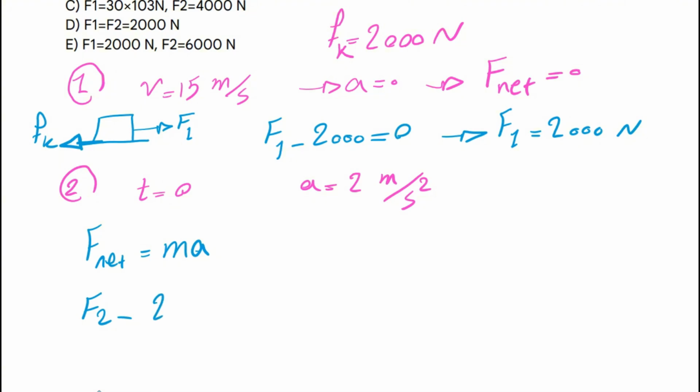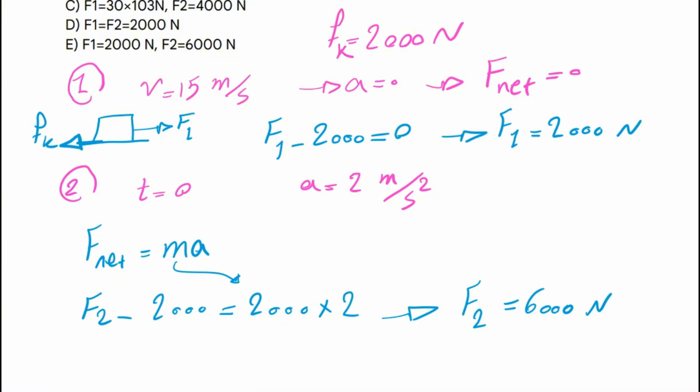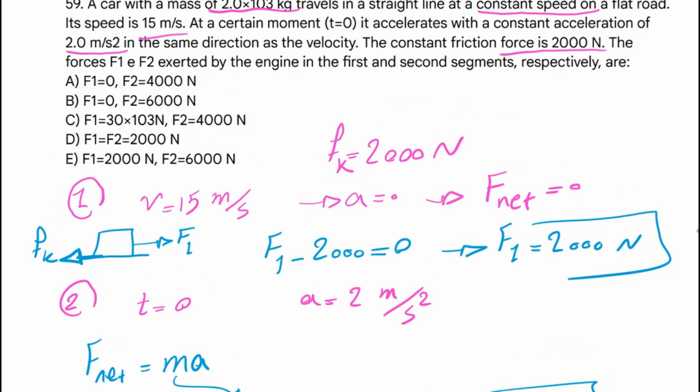So F2 minus 2000 equals mass times acceleration, 2000 times 2, and therefore F2 equals 6000 N. Now looking at the options, this matches with E.